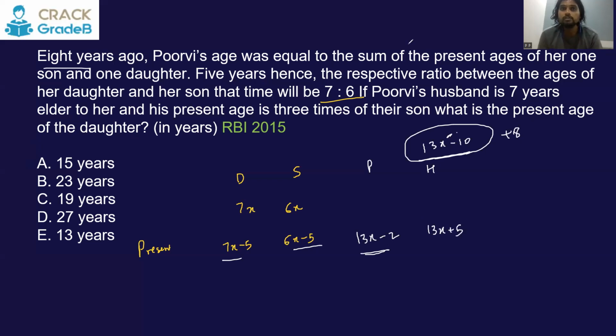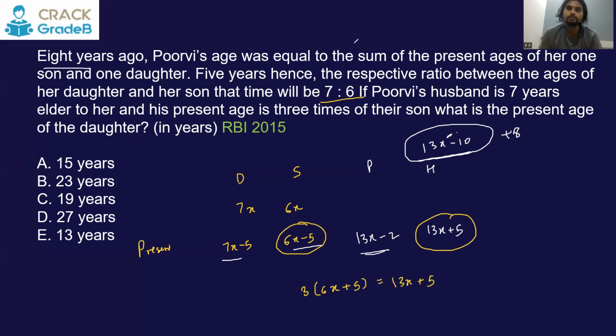And also, lastly, we know the husband is 3 times the son. 3 times this number should be equal to this number. 3 times 6x minus 5 should be equal to 13x plus 5. So that gives us 18x, 13x. 5x is equal to 15 plus 5.